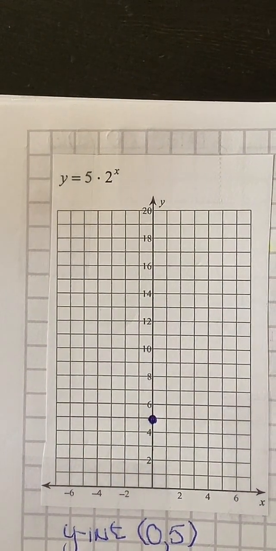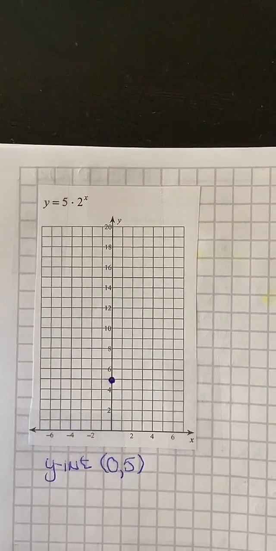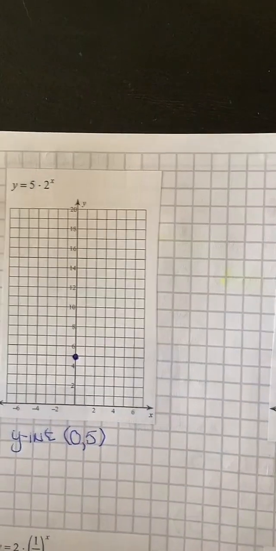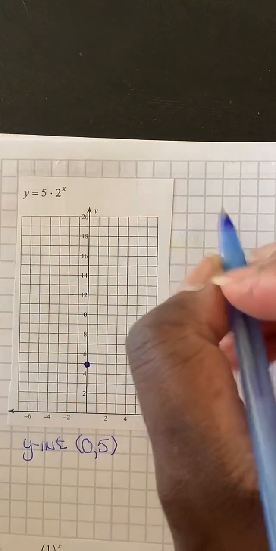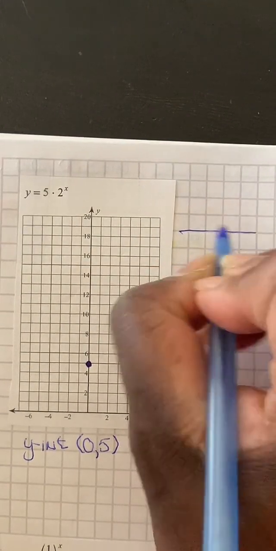So at least we know we have a starting point. For us to get the other points, let me shrink this down just a hair. Let's make a table. We're just going to make a nice little small table, nothing too crazy.